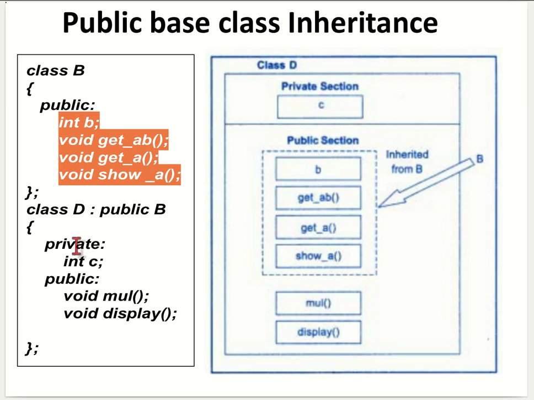In class D we have a private section, private in C, and in the public section we have the functions mul and display. The inherited B functions, get A and show A, will be available in the public section. Just like that, all the public things will be available in the public section of the derived class.